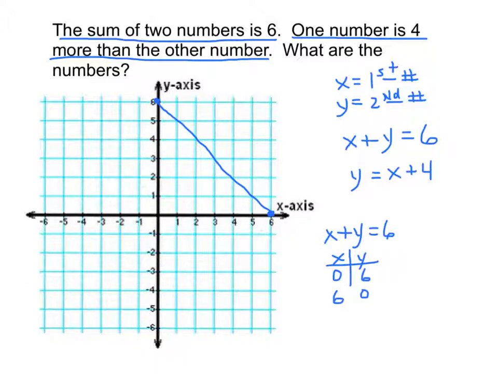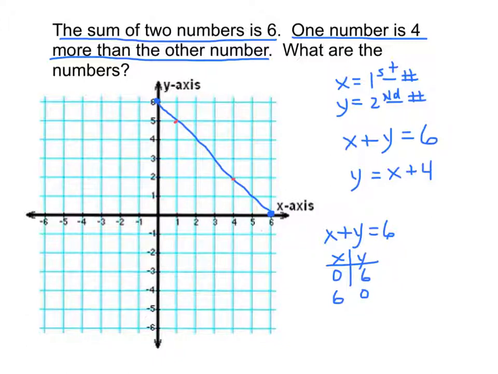Notice that every single point that is on that particular line does satisfy that particular equation. Here's the point 4, 2, and 4 plus 2 certainly equals 6. Here's the point 1, 5, and certainly 1 plus 5 is equal to 6. Every single point that is on that particular line satisfies that equation.